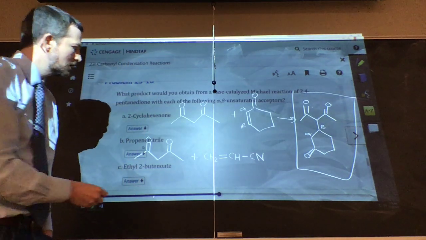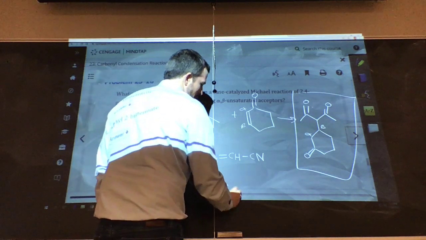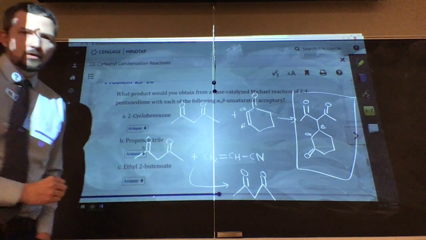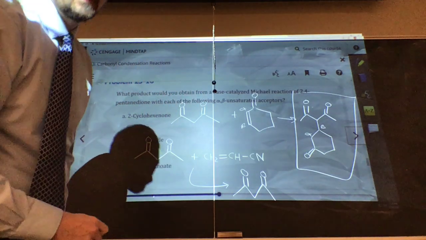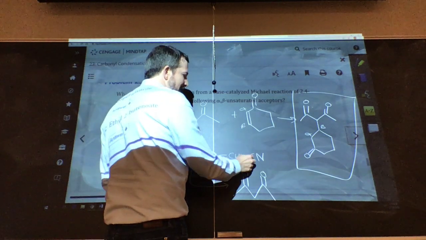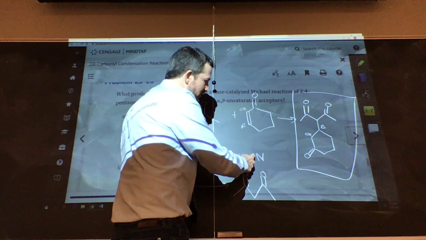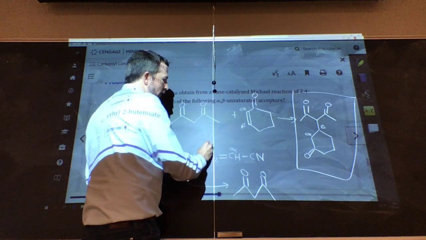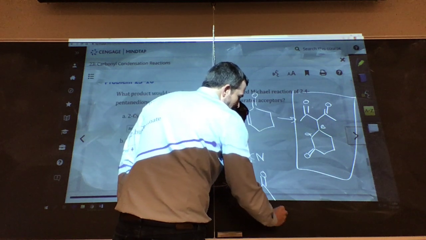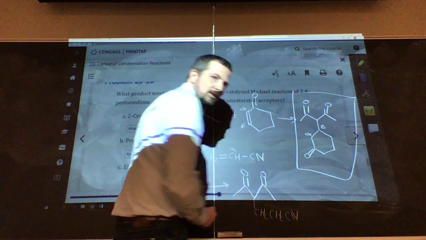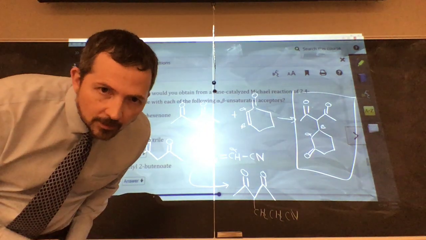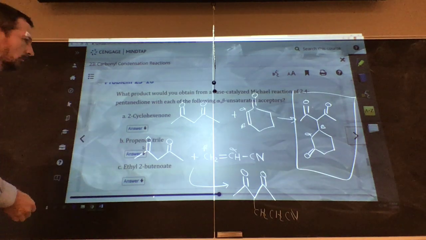So again, I would draw out my 2,4-pentanedione. Now it's going to attach. Here's my triple bond instead of my C double bond O. So here's my alpha, here's my beta. It attaches to the beta position. So I'd have CH2, CH2, CN. Okay.